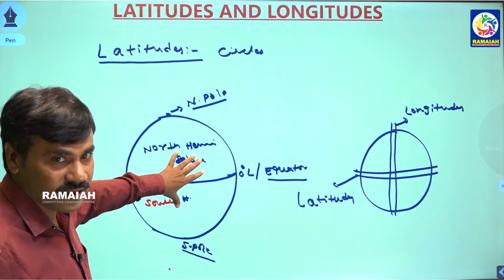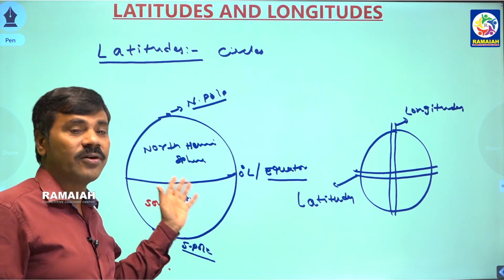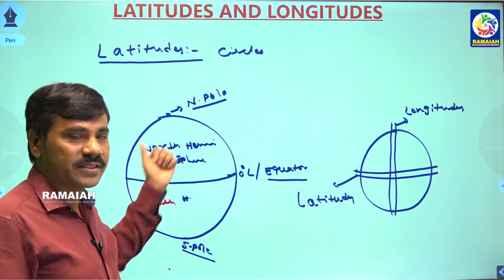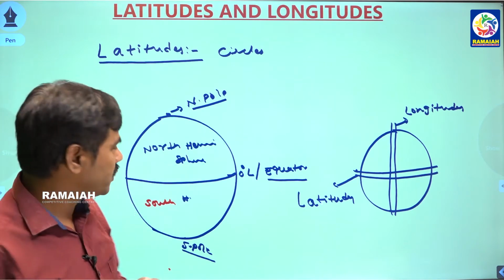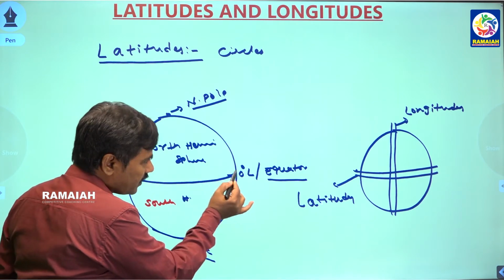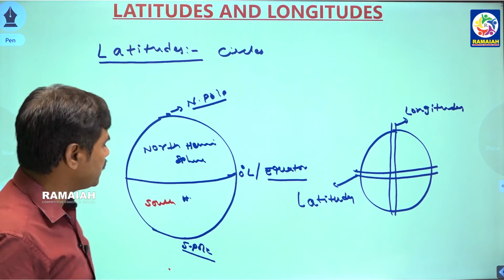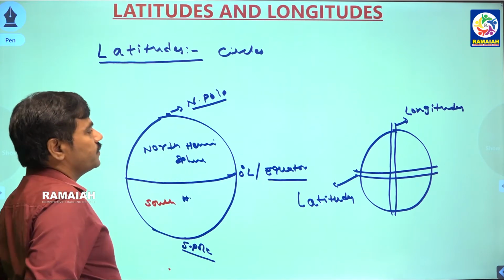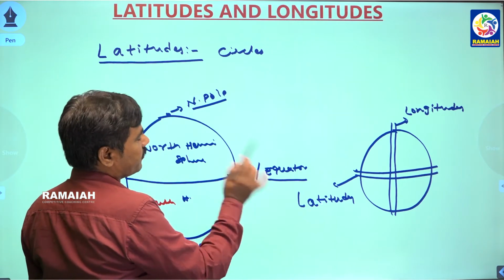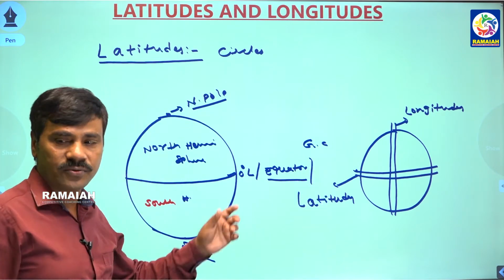That's why we see only half of the equator. On the earth surface, the biggest circle is the equator, which is also called the great circle.